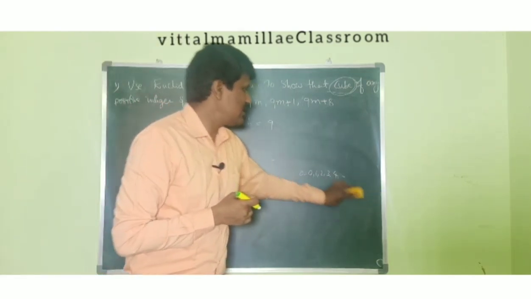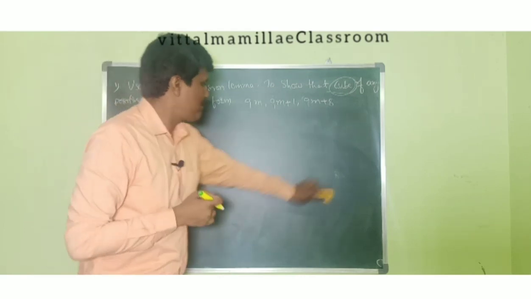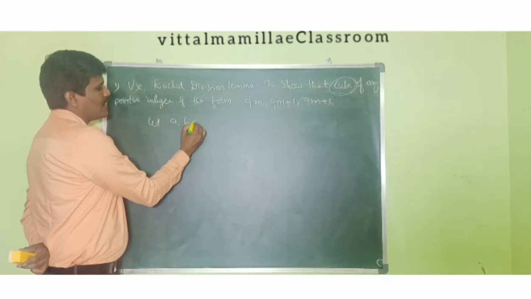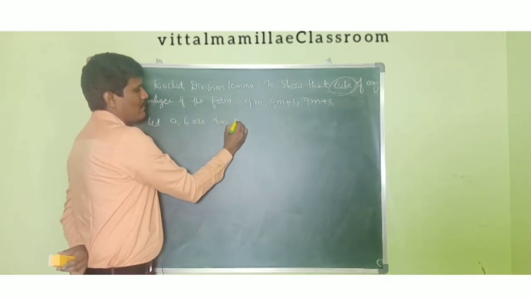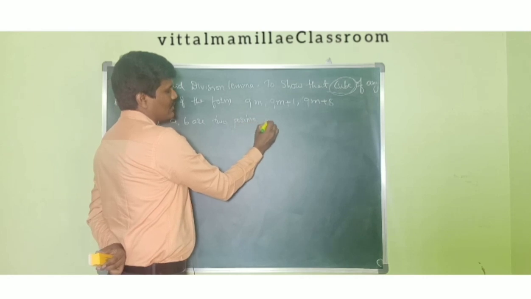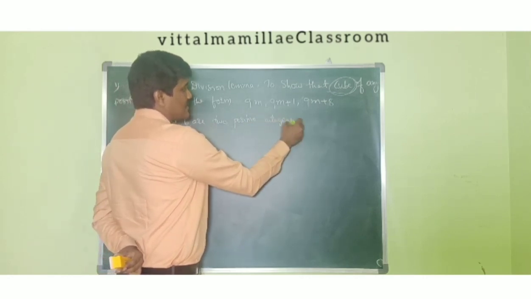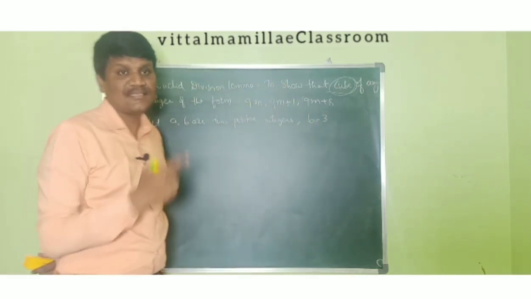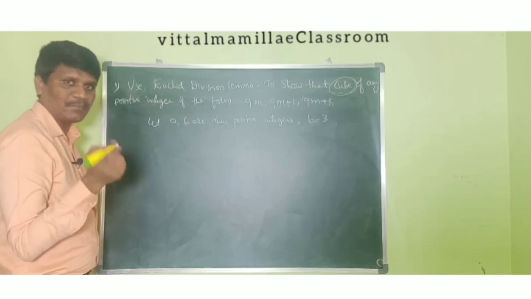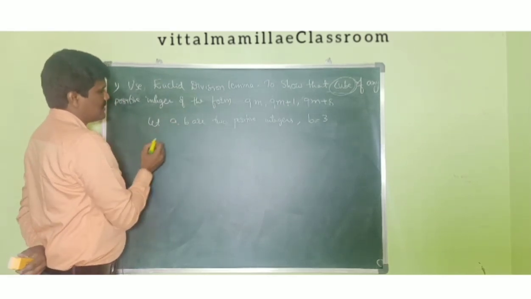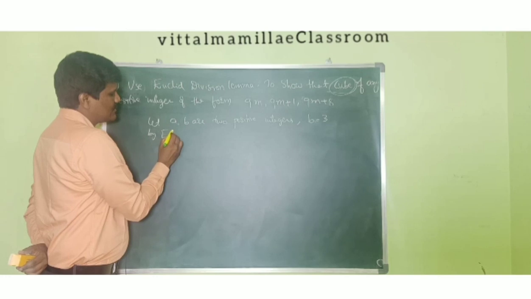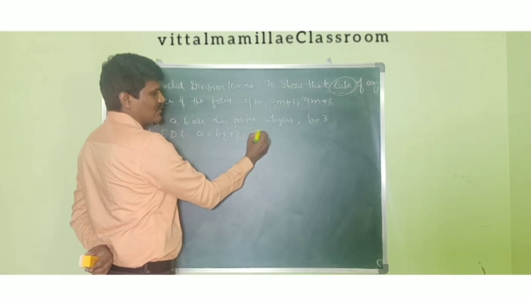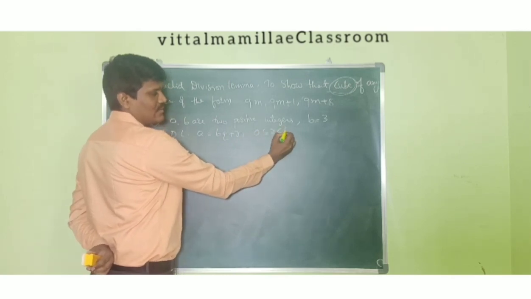The shortcut is, let us take it like this. Just observe, let a, b be 2 positive integers. Generally we should take b equal to 9, but here we will take b equal to 3. This problem will also come by taking b as 3. So by Euclid division lemma, a is equal to bq plus r, 0 less than or equal to r less than b.